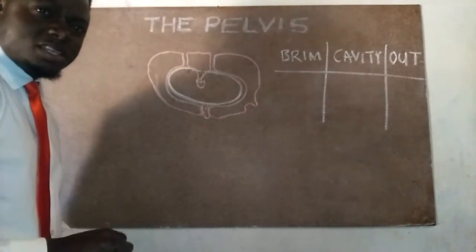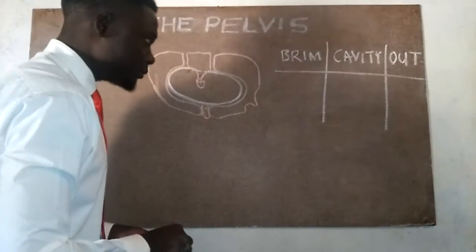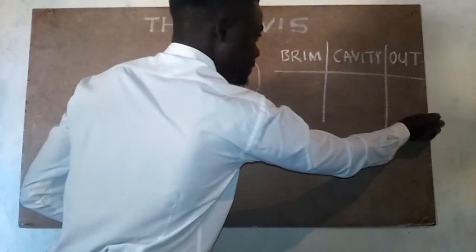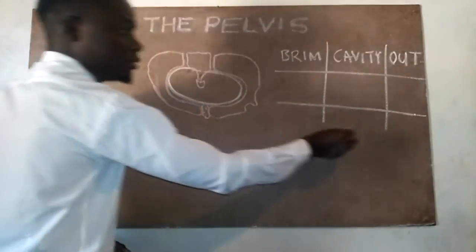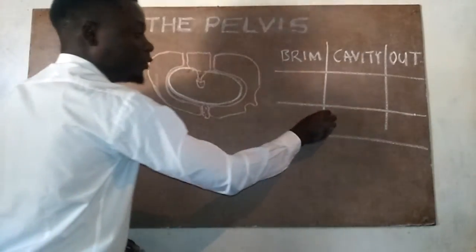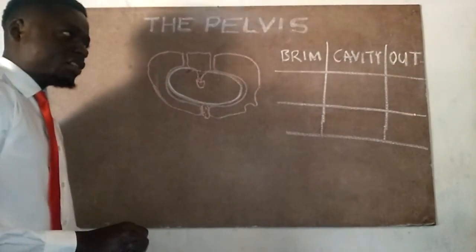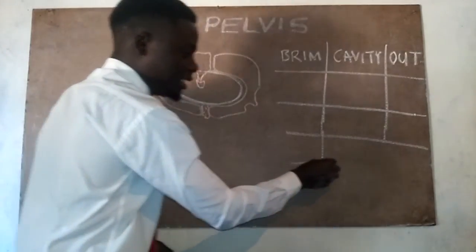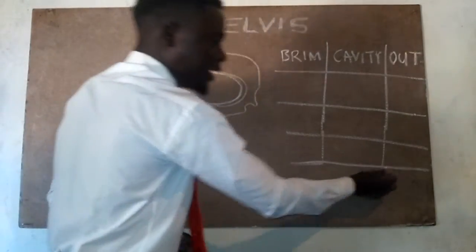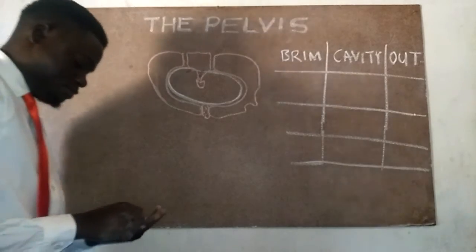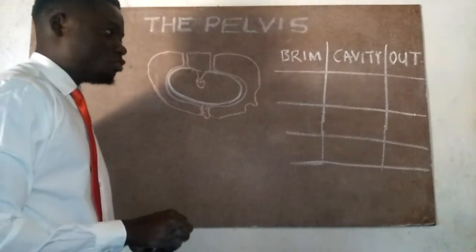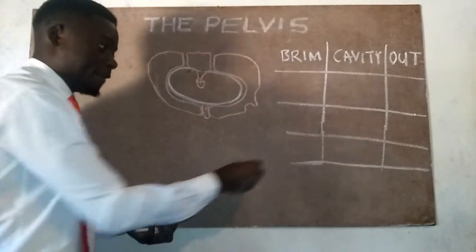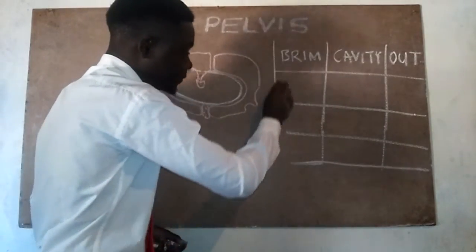And all of these have diameters. Of course, we do that to monitor the progress of labor and to assess if all the passages are well organized in this woman who is going into labor.